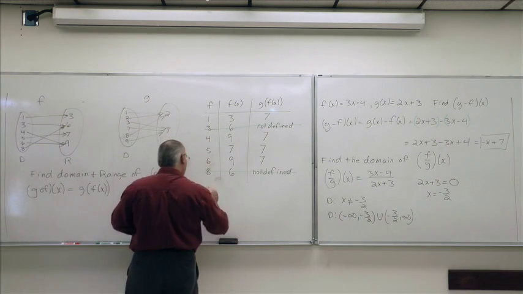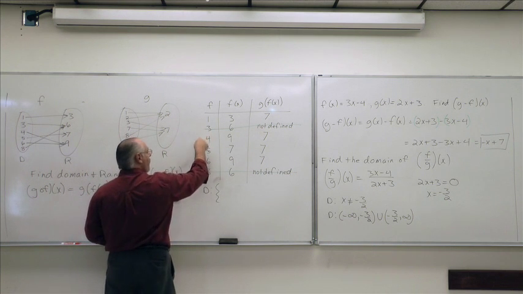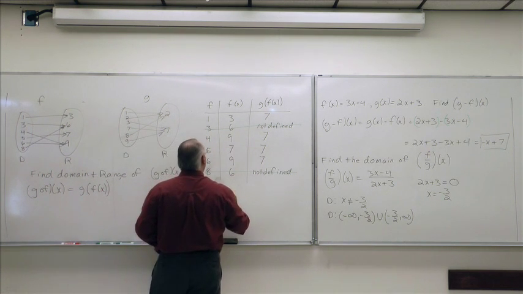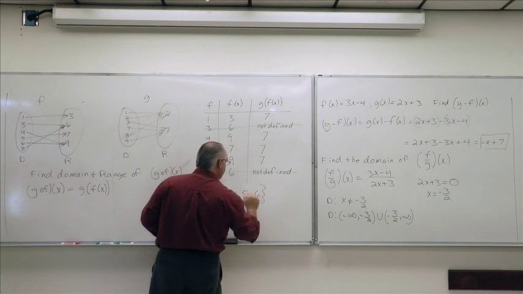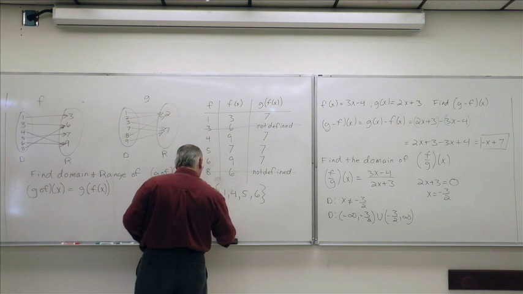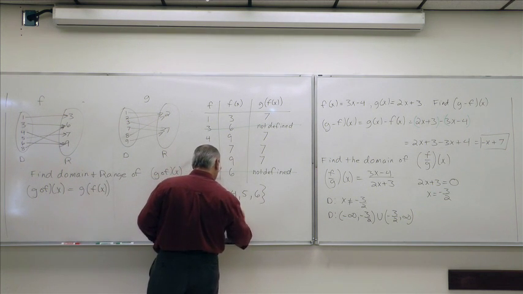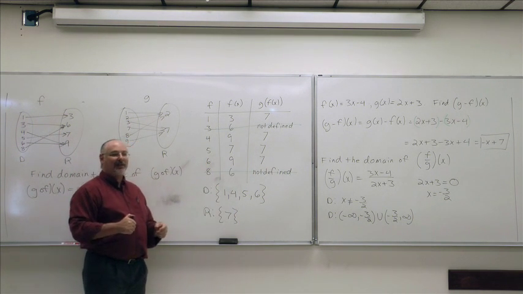So in this case, the domain is simply the set of remaining integers: 1, 4, 5, and 6. The range is just 7. Those are curly brackets, by the way. I cannot draw them very well.